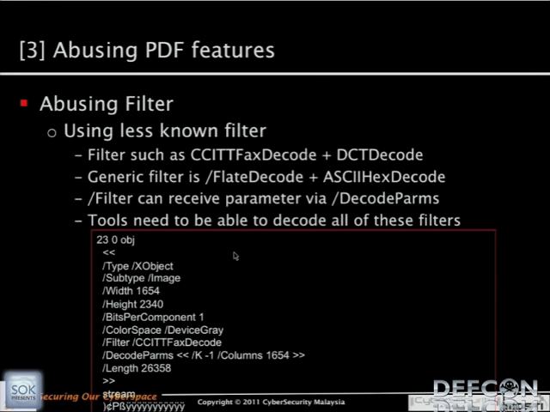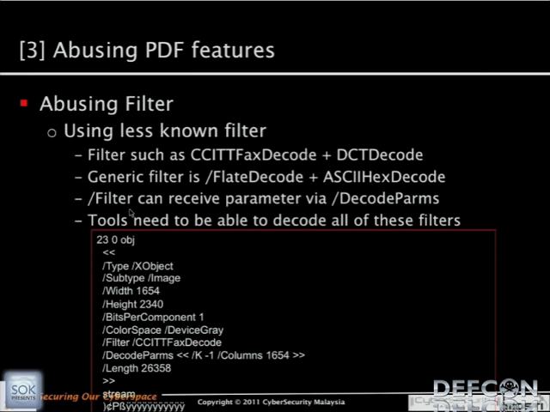In general, the filters you normally have are FlateDecode, ASCIIHexDecode, ASCII85Decode, and JBIG2Decode. This is also interesting because the filter dictionary can accept a couple of parameters.